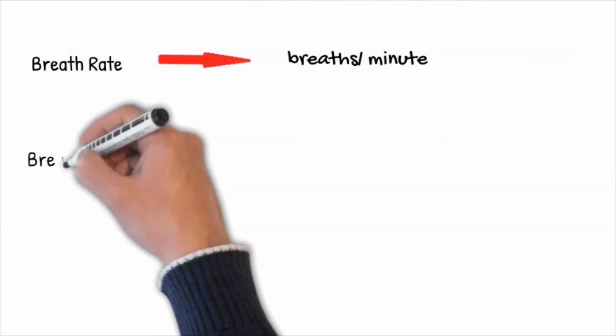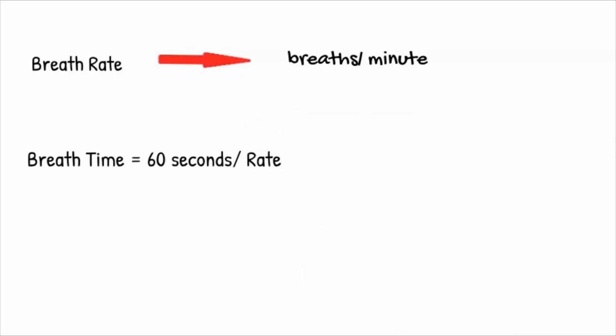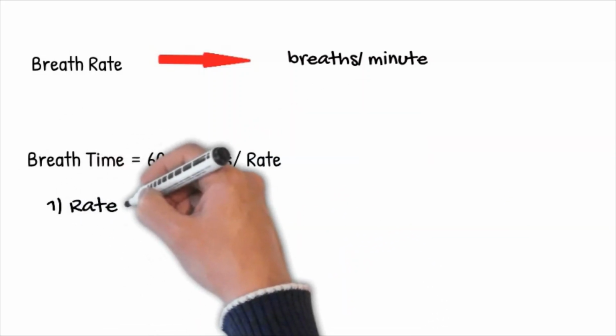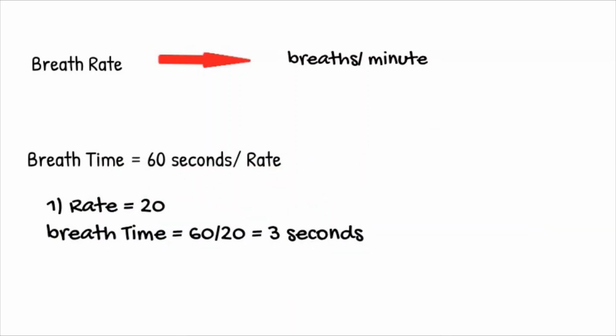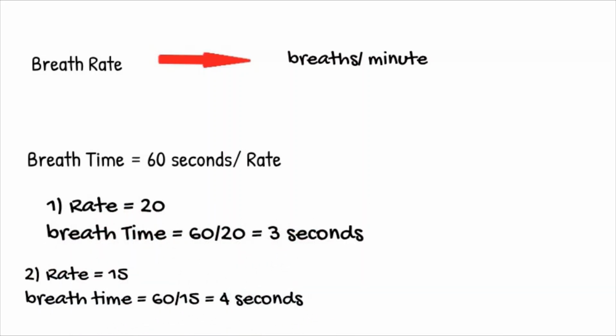In other terms, we can call it a breath time, which can be calculated as 60 seconds divided by rate. For example, if I set a rate of 20, breath time becomes 3 seconds. It means the ventilator has to deliver a breath every third second. In another example, if I set a rate of 15, breath time becomes 4 seconds. It means the ventilator has to deliver a breath after every 4 seconds.